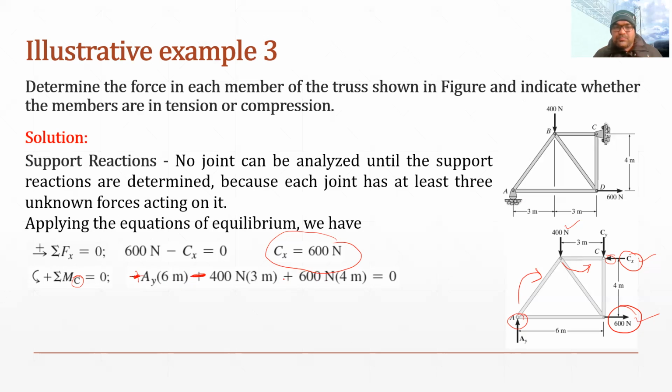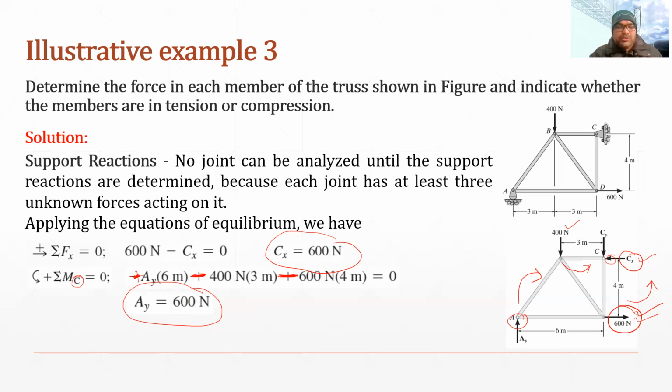And the moment of this force about C will again be anti-clockwise, so we will take this as negative. After solving this, we get the value of AY as 600 Newton. It means the direction that we have assumed, which is upward, is correct because the value is positive.